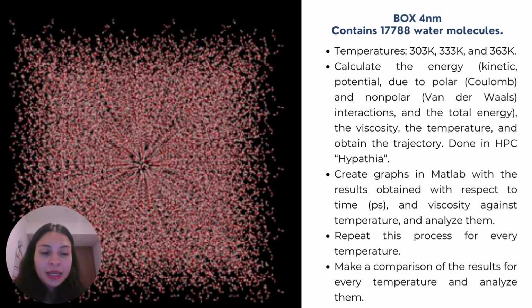We can also obtain information about the viscosity, the temperature, and obtain the trajectory. Thanks to these results, we can create graphs in MATLAB and analyze them. And this must be done for every temperature, repeating the simulation process for all three temperatures. And then this can be compared and analyzed.